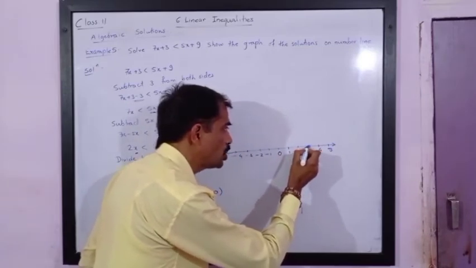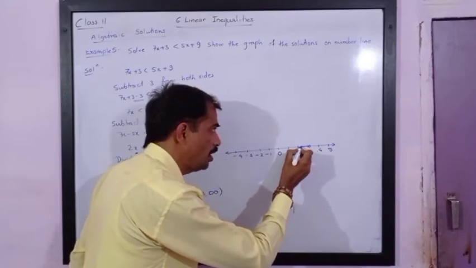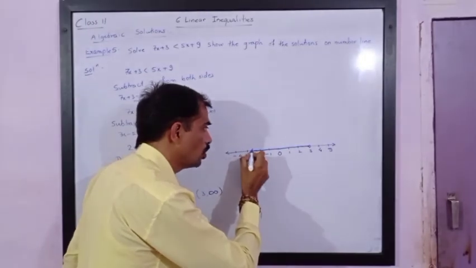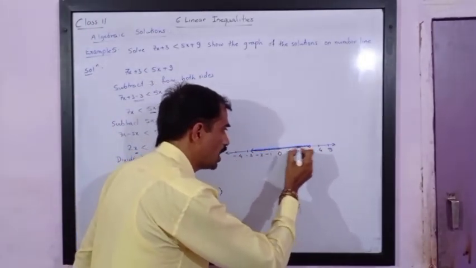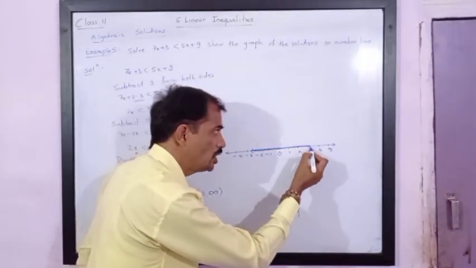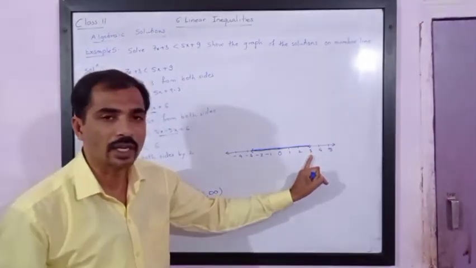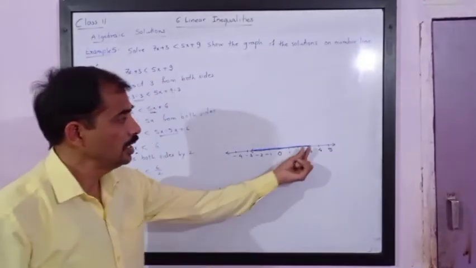And all the numbers to the left hand side, x is less than 3 means it can have any value which is to the left hand side of 3. I am making the line bold for your understanding. So it will have all the values which are less than 3 but which is not equal to 3. When it is not equal to 3, we make a small circle to indicate that 3 is not included.